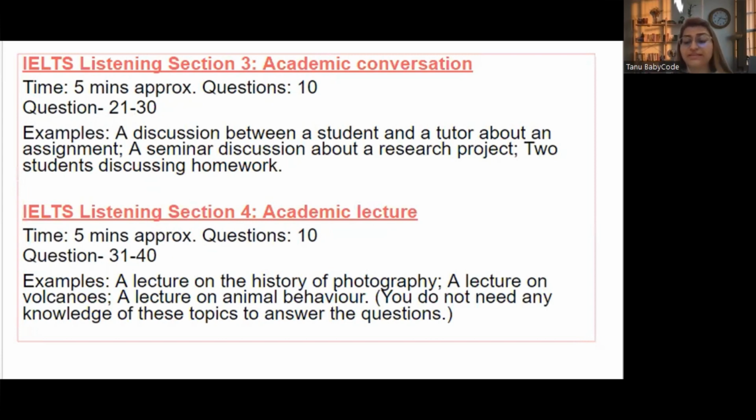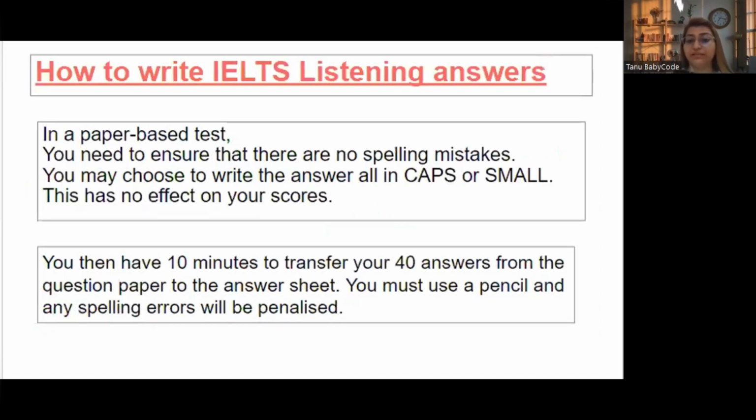Section 4 is an academic lecture. Questions will be 31 to 40. And the examples will be a lecture on the history of photography, a lecture on volcanoes, a lecture on animal behavior. You need not have any knowledge of these topics to answer these questions. You just have to listen very carefully because here you have to show your listening ability.